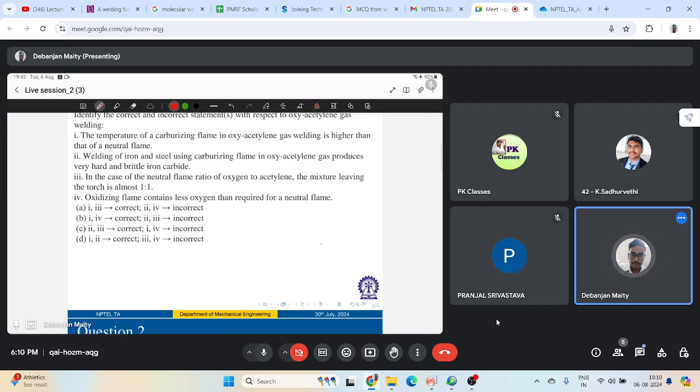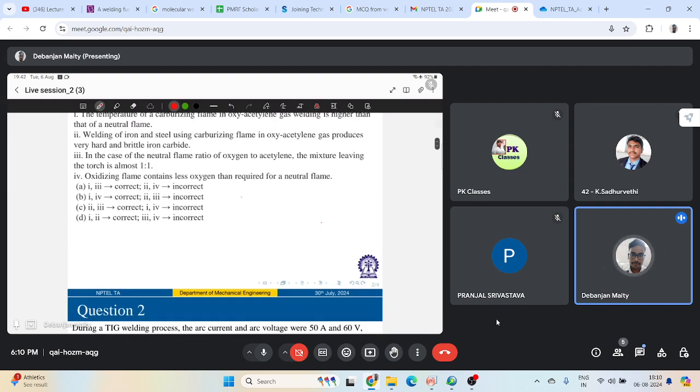So by doing that, what we will cover is as follows. We will cover different types of weld joints. Typical weld joints you are aware of. What are different types of joints?